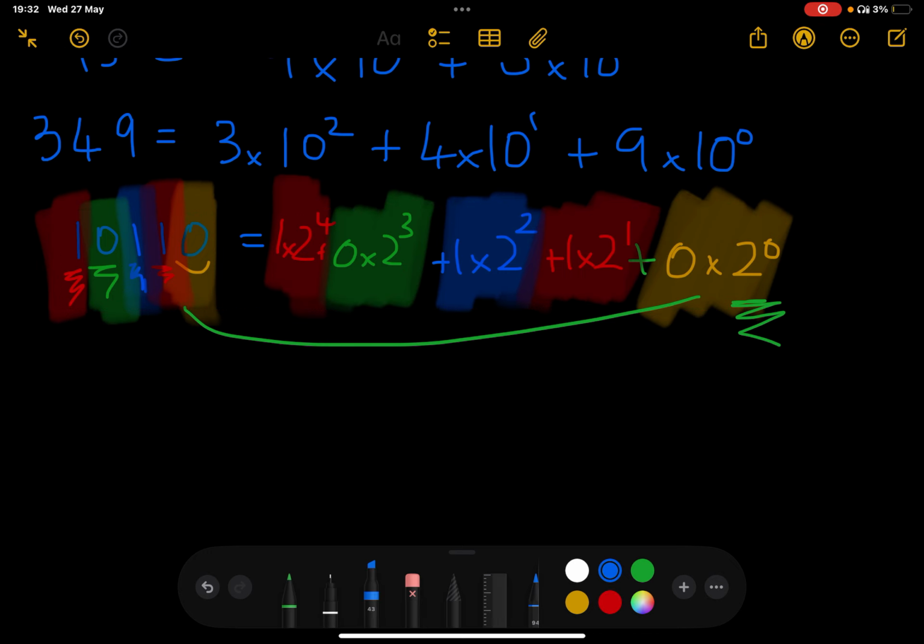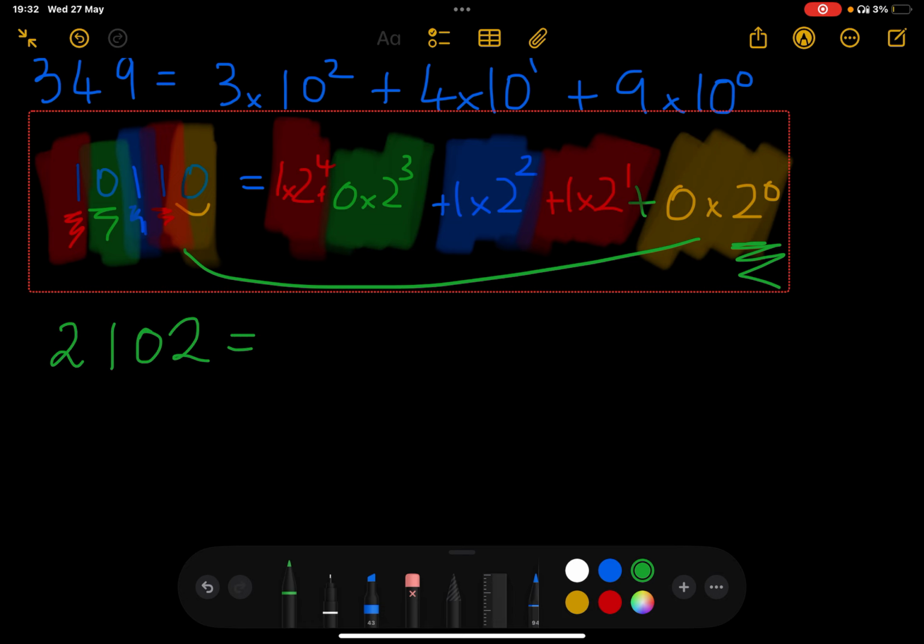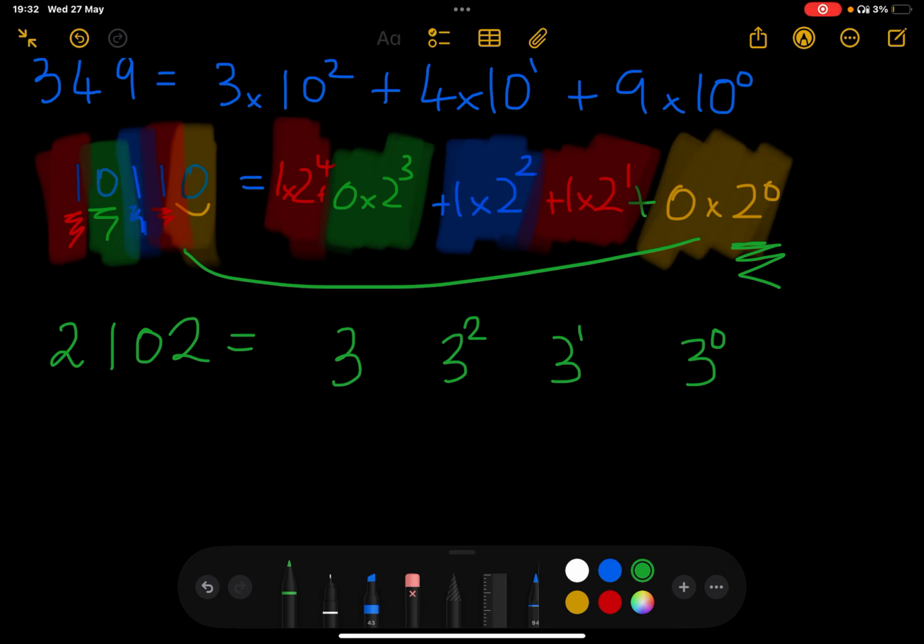Okay? So let's do another practice one with base 3. Sorry, wrong pen. Okay, so imagine we have 2102 in base 3. This time I'm going to be lazy and write these out first: 3 to the 0, 3 to the power 1, 3 to the power 2, and 3 to the power 3.